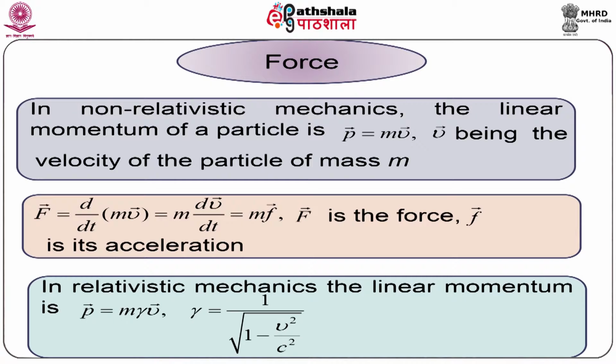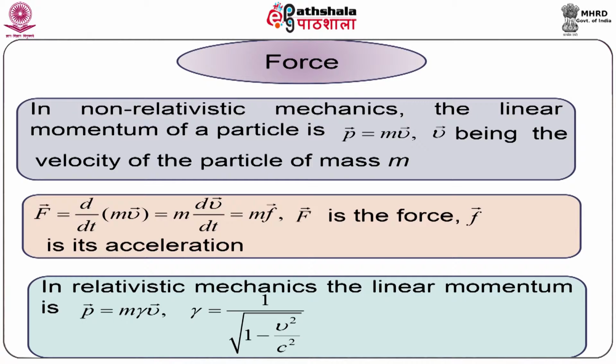Let us now define the force. If capital F vector denotes the applied force on the particle of mass m moving with velocity v vector, then force is defined in non-relativistic mechanics as F vector equal to mass into acceleration.